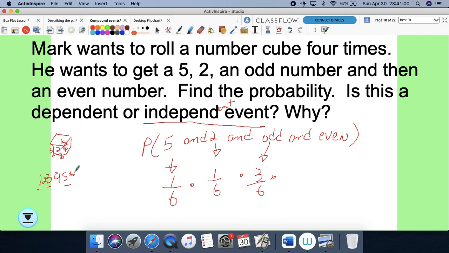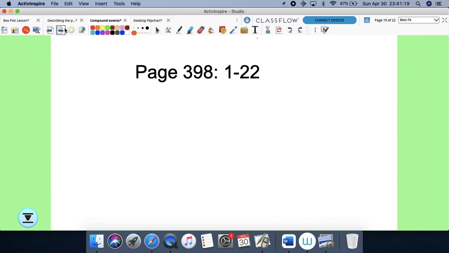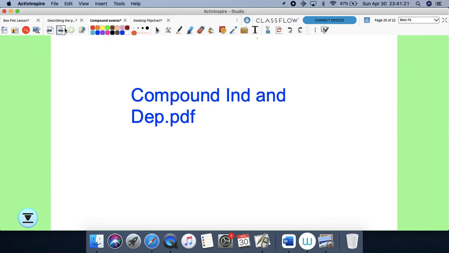Well, 2, 4, 6, 3 out of 6. Right, and now you just get to multiply. What is this? 1 over 144. So the chance of this happening is 1 over 144, which is a very, very small chance. All right. And I'll print some of this stuff for you.